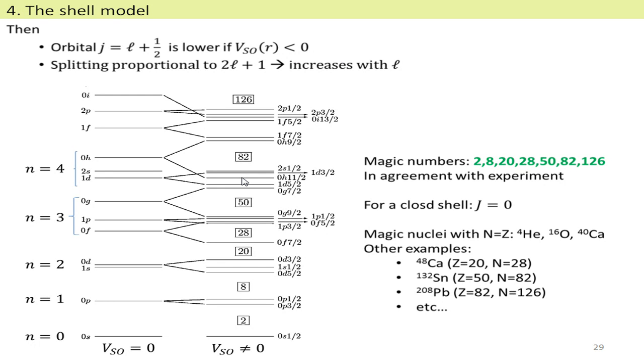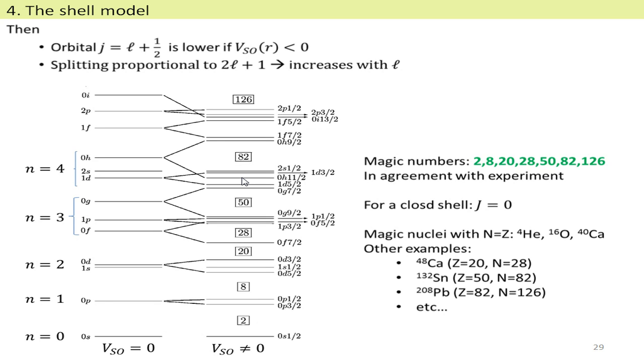And now if you look at the diagram with the orbitals, then you find out that you can reproduce all magic numbers up to large values, and this is the success of the shell model with spin orbit interaction. And this is in agreement with experiment.